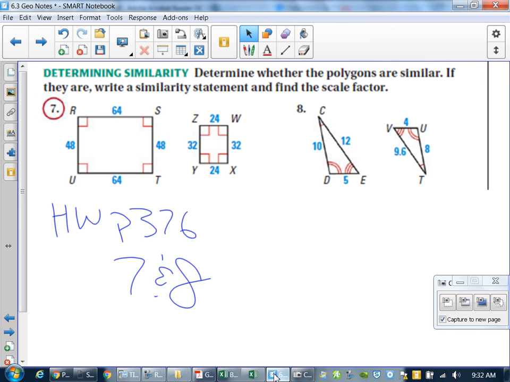Those two problems right there are to write out a similarity statement, which means you're going to verify whether or not they are similar by doing the exact same thing we just did in the notes.